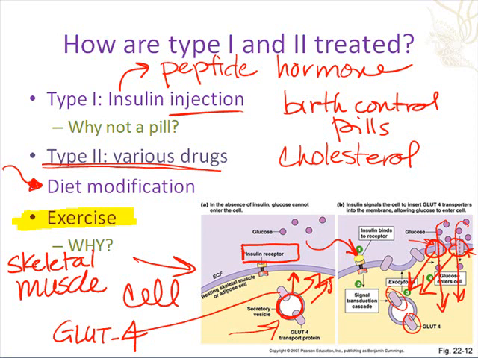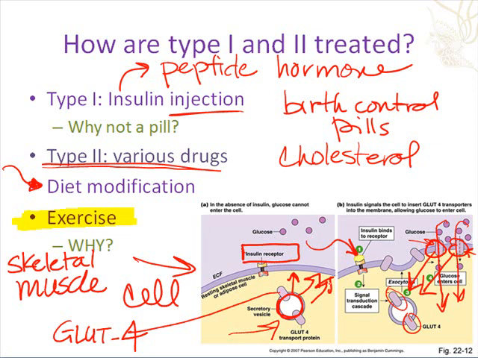So in essence, what exercise does is it allows skeletal muscle to take in sugar without first waiting for permission from insulin to do so. This is a big reason why exercise is so incredibly beneficial for diabetics.